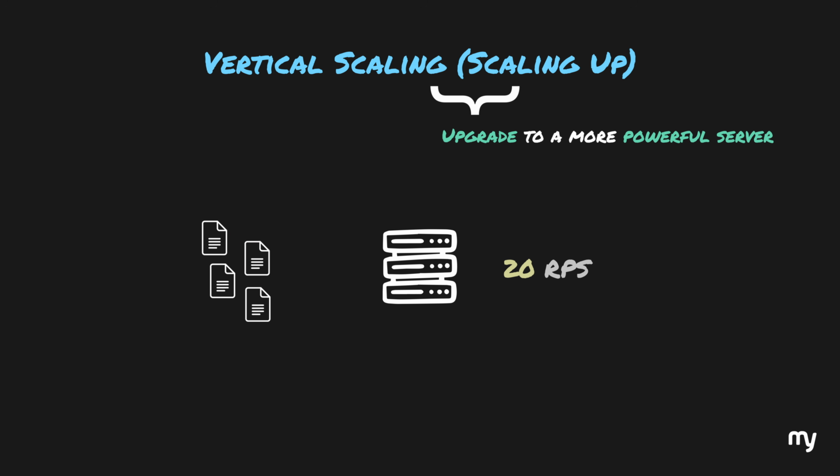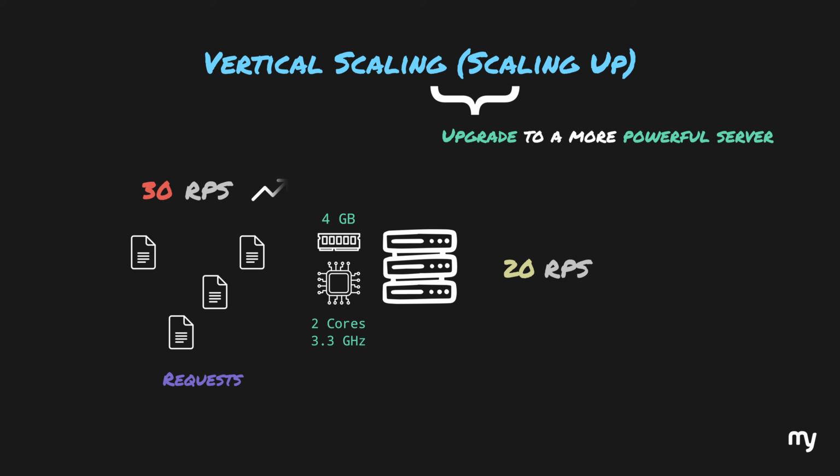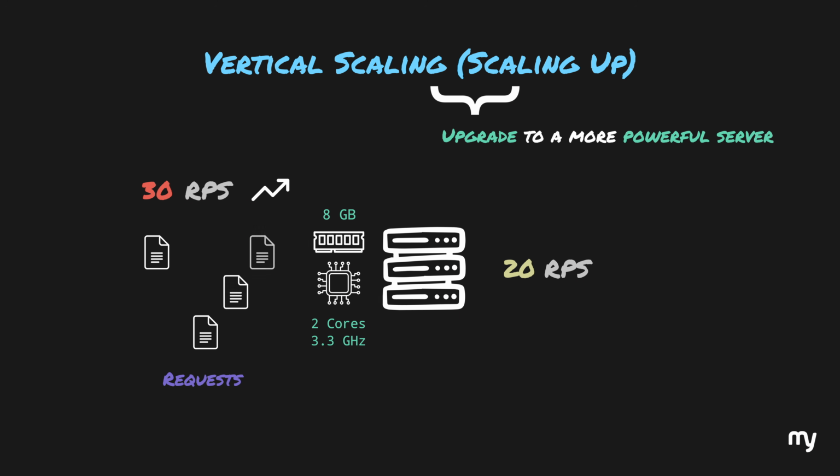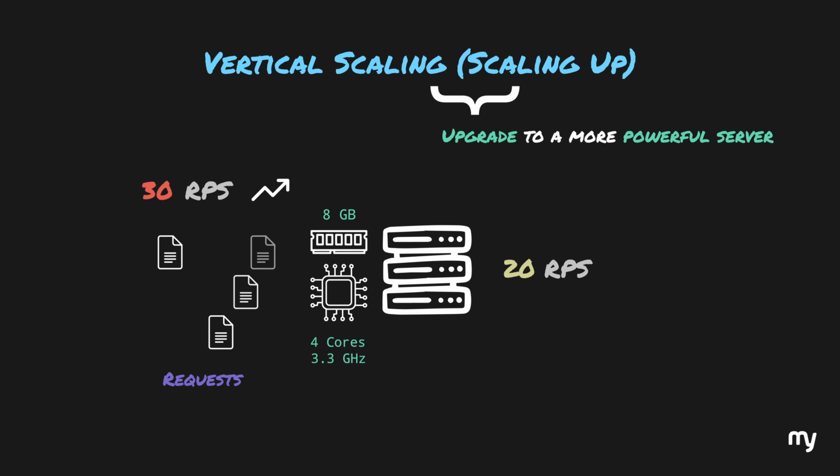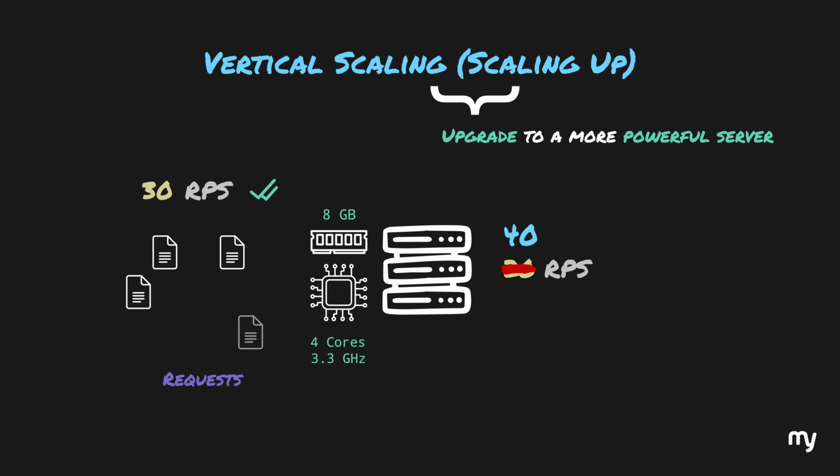For example, if you're running your application on a server with 4 GB of RAM and a dual-core processor, and you're seeing consistent demand beyond its capacity, you could replace it with a server that has 8 GB of RAM and a quad-core processor. Theoretically, this upgrade would double your server's capacity, allowing it to handle 40 requests per second instead of 20. This would accommodate your current traffic of 30 requests per second with even room to spare.